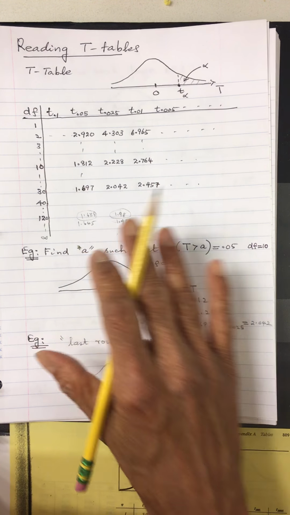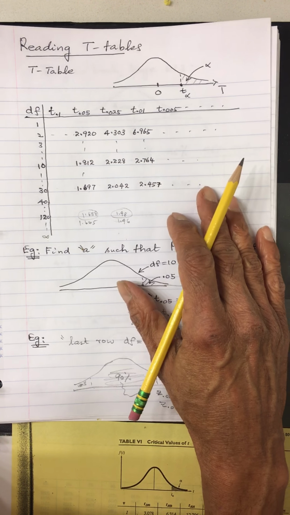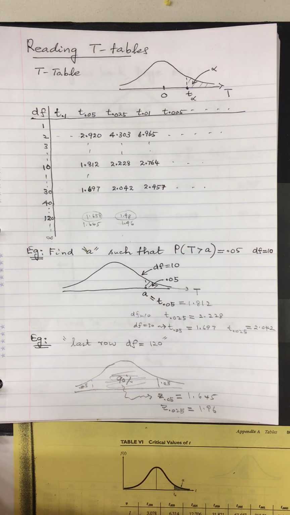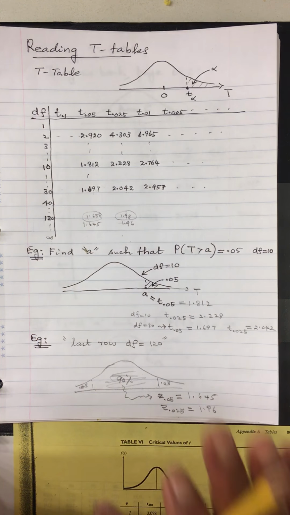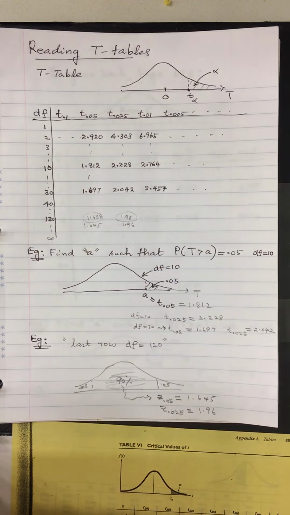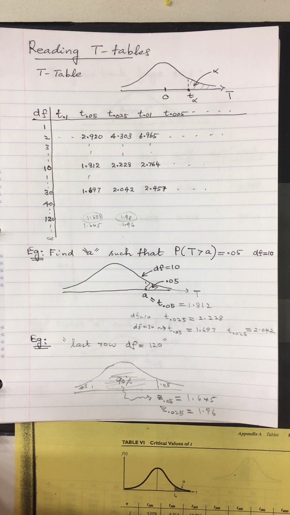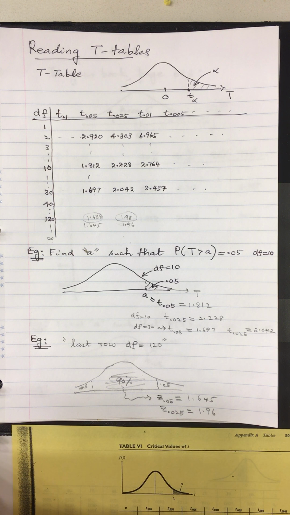When I get into the formula for the confidence interval in the next video, I will show you where that is coming from. Anyway, right now this is how you read the t table. In the next video I will show you how to get the confidence interval in general when sigma is unknown.